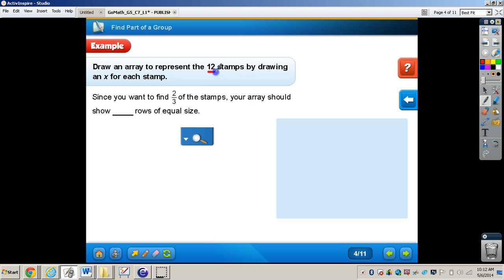Okay, now that we know we're drawing 12 X's, we need to figure out how we are going to arrange them. Now, since we want to find 2/3 of the stamps, our array should show 3 rows of equal sides. Why 3? Because the denominator is 3. Okay, if it were 2/5, we would draw 5 rows.